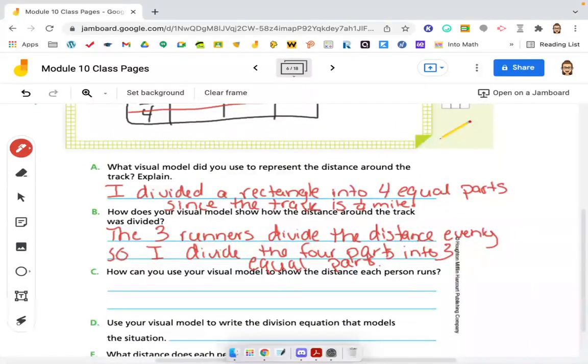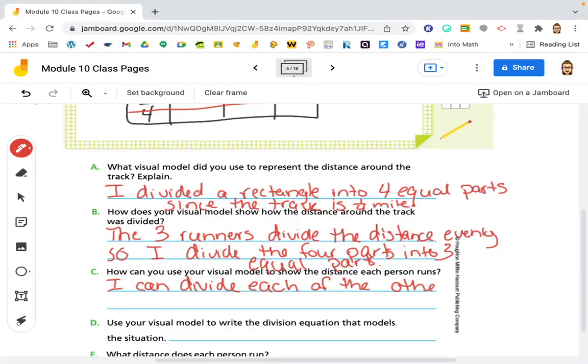How can you use the visual model to show the distance each person runs? Well, I can divide each of the other fourths into 3 equal parts.